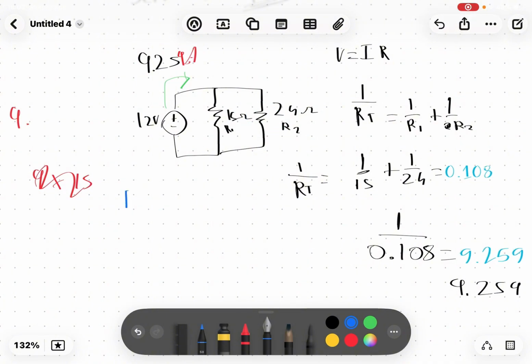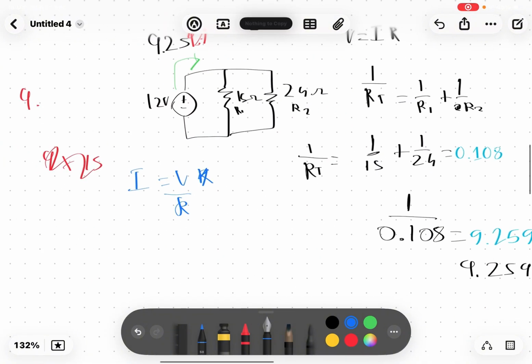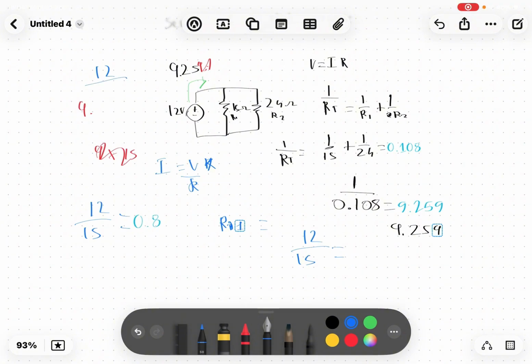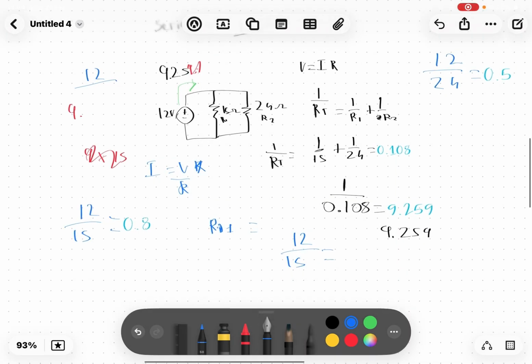As we know, current equals V divided by R. So we're able to do, for example, for R1, 12 divided by 15 equals 0.8. Then 12 divided by 24 equals 0.5.